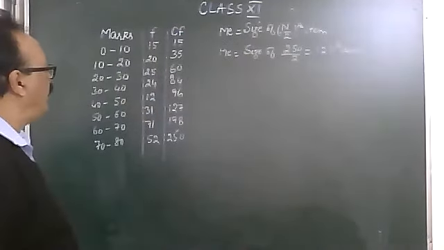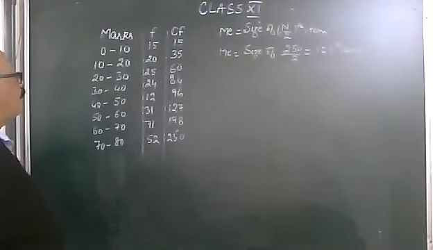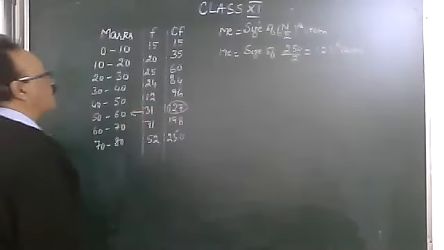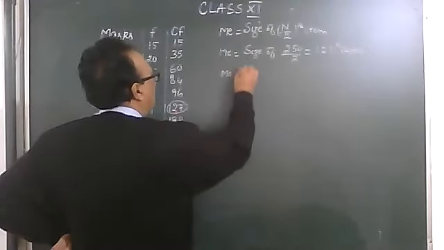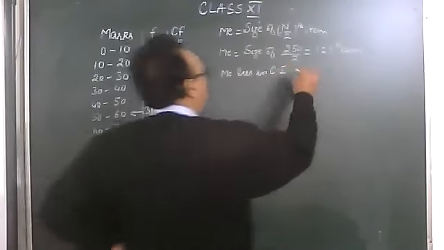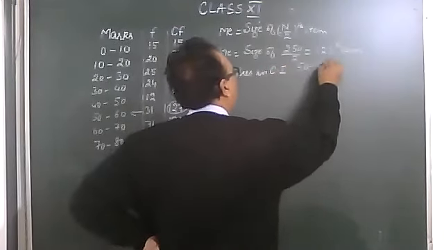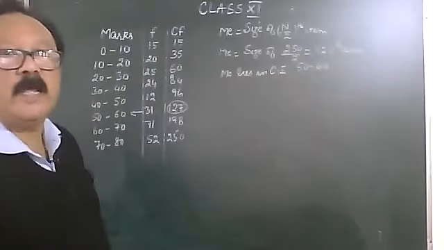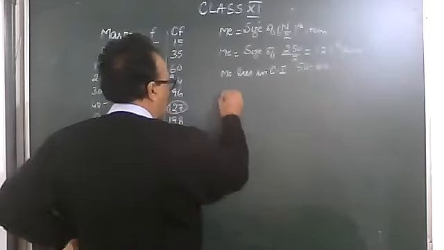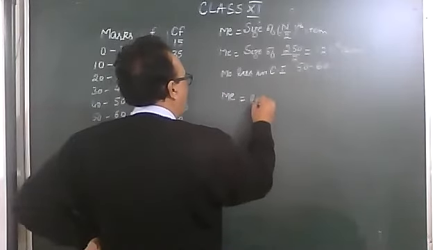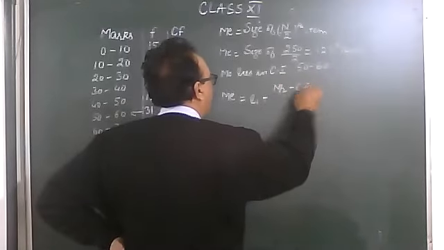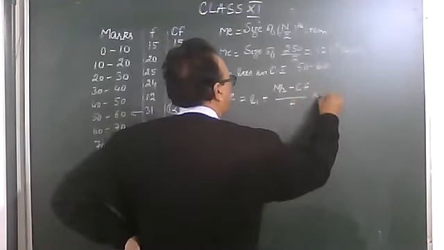Look for it in the CF. 125 will lie here in front of this class. So we'll say median lies in class interval 50 to 60. Our answer we find somewhere between that. What is that value? To find that value, we have the extension in the formula: median is equal to L1 plus n by 2 minus CF upon F into I.